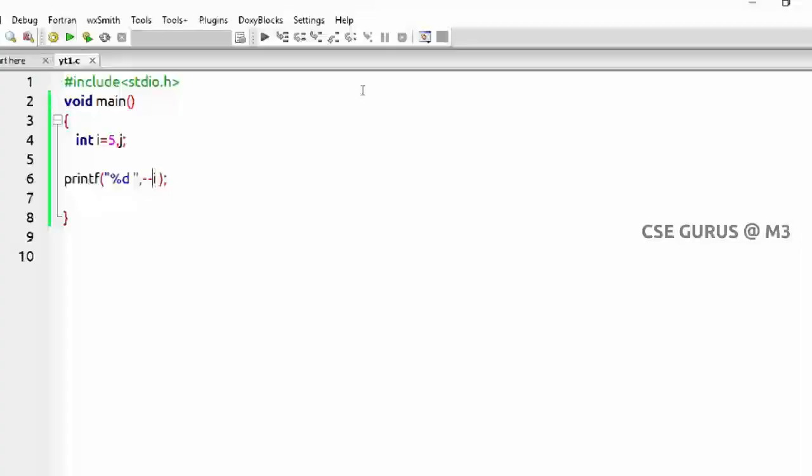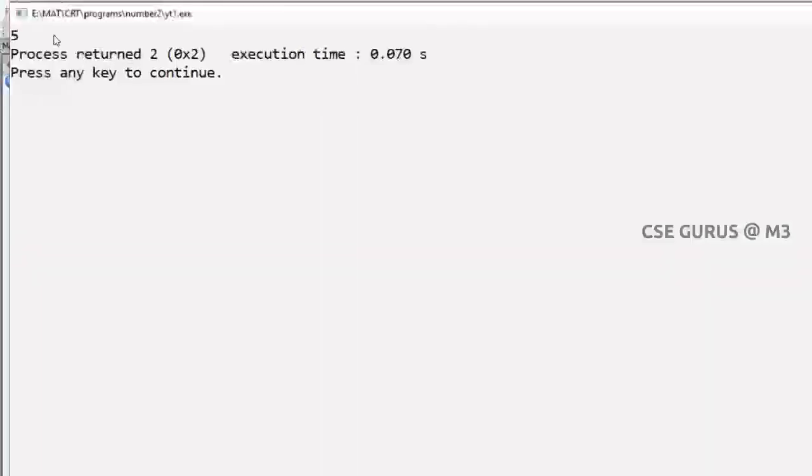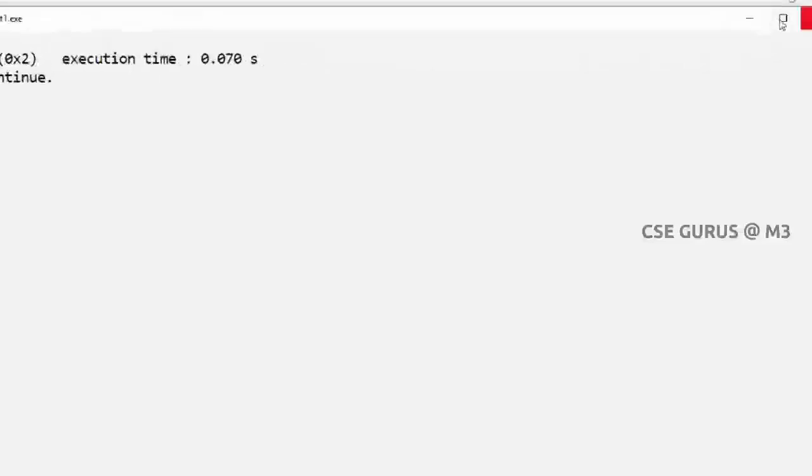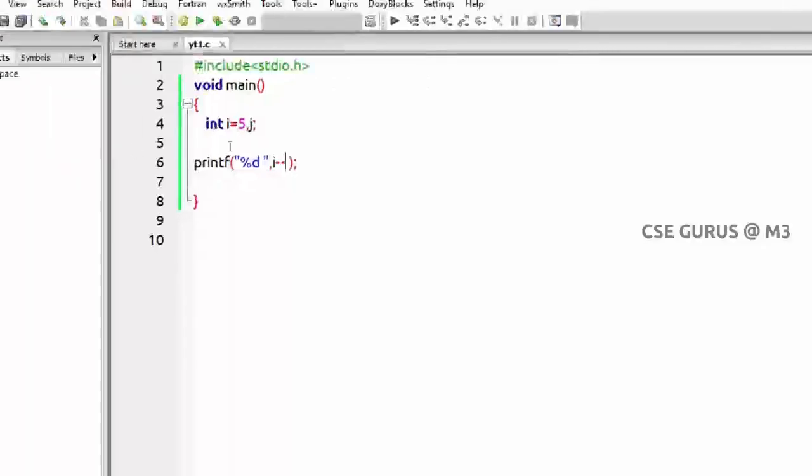And what if I write i--? The output will be 5 only. That means afterwards it will be decremented. The rules I explained for ++, the same thing is applied for --.